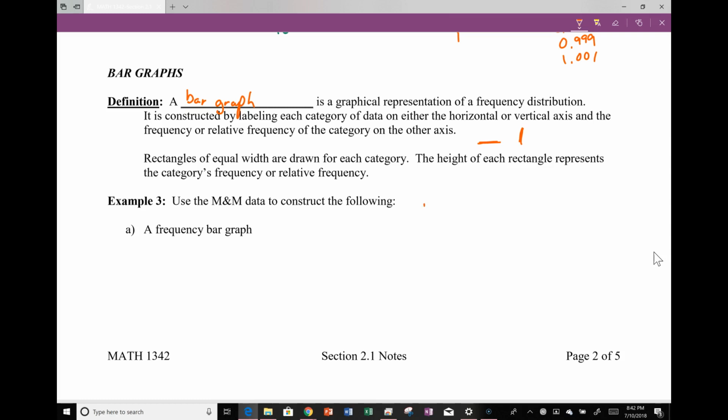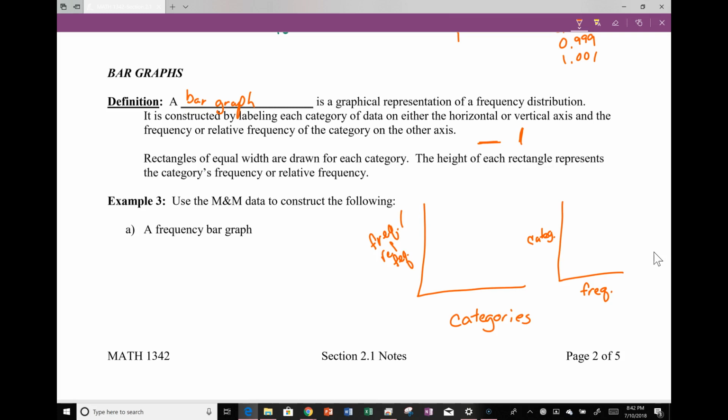So in other words, you're going to have either your categories down here, and then frequency or relative frequency. You can have either one along the side, or you could create it to where you have the categories over here and the frequency, relative frequency here.